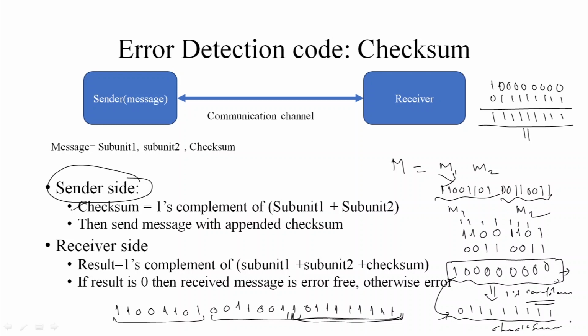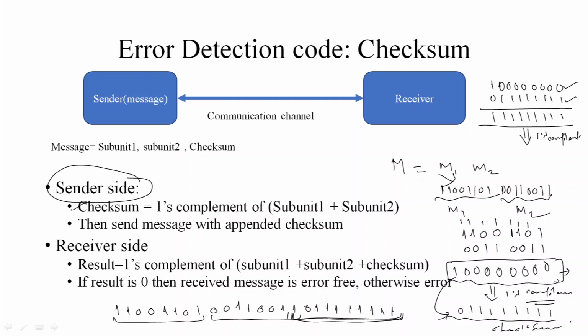Then this is the result, and the final result is obtained by taking the ones complement. This is the result of subunit first plus subunit second, and then we add the value of the checksum and sum all of these.